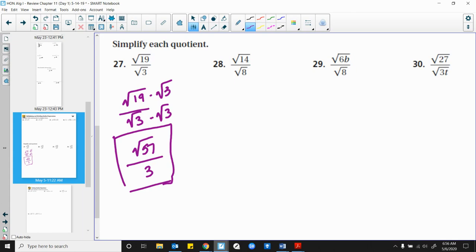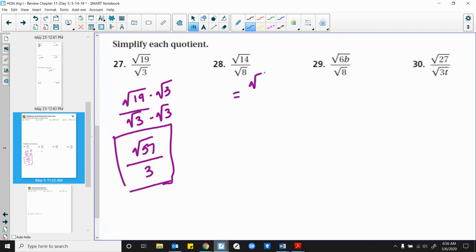That's my answer. Now, for number 28, okay, the first thing I want to do is see, can I reduce this fraction at all? In this case, I can. 14 over 8 can be reduced to 7 over 4.